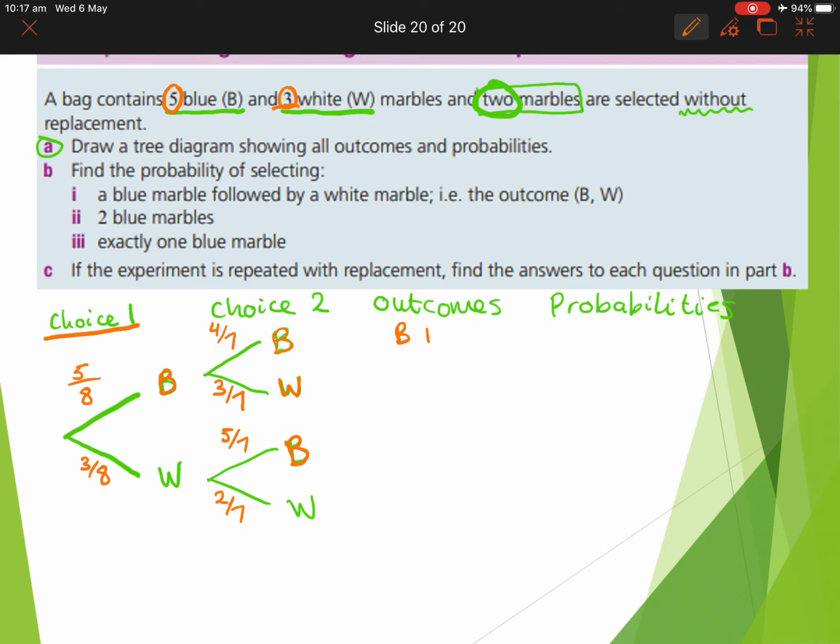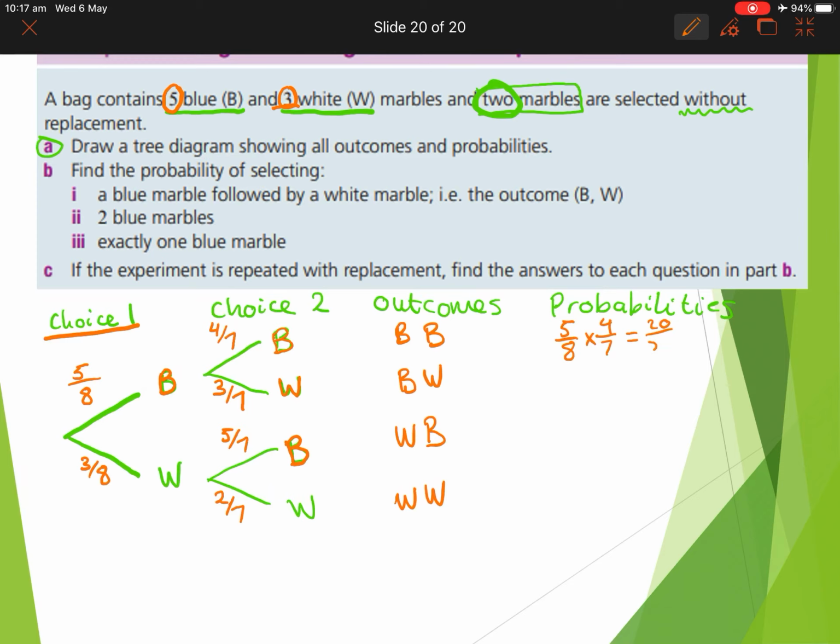Outcomes, okay, so you might get a blue and then another blue, you could get a blue and then a white, you could get a white and then a blue, or you get a white and then a white. Probabilities over here. So to get a blue first, it was 5/8, and then you times by getting the next blue, which was 4/7.